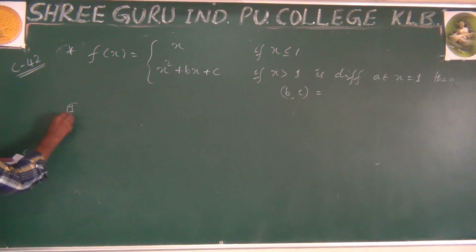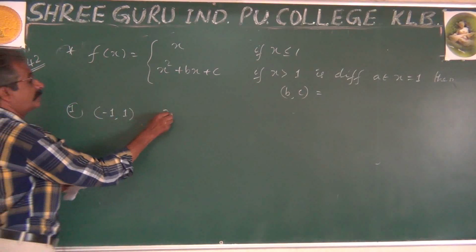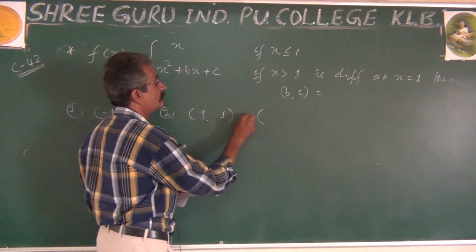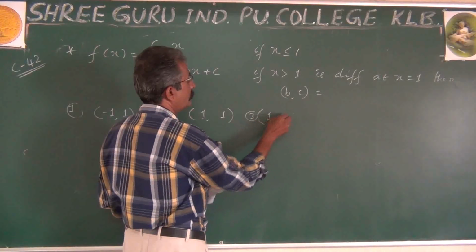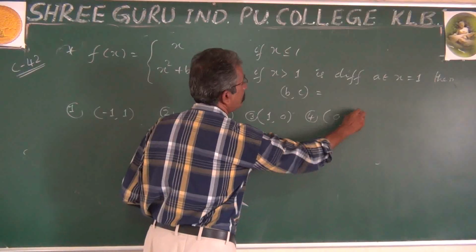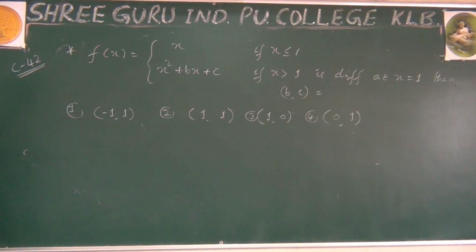First option minus 1, plus 1, second option 1, 1, third option 1, 0, fourth option 0, 1. I mean first place b, second place c.